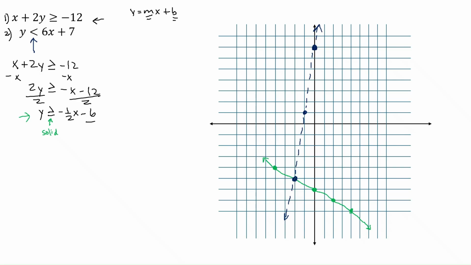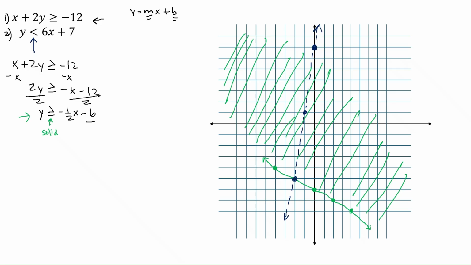So if the y-axis is the up and down axis, we want to shade values of y that are above this line. So in other words, we're shading everything up here because it's values of y greater than the line. So you've got to visualize the y-axis above this line, okay? Now, it'd probably be better to color it in, but we're on the computer, so we're just going to make it work.